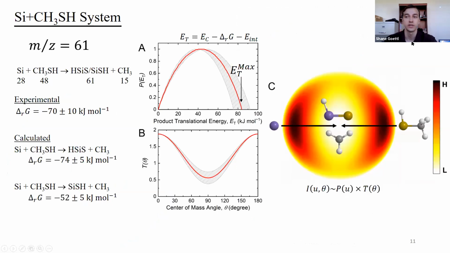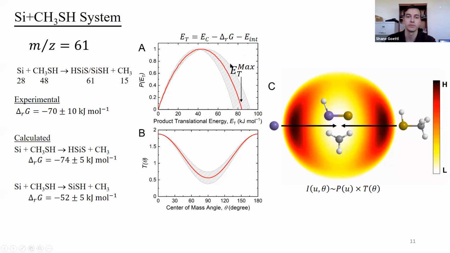So here are the center of mass functions that were used to fit the data. First, we have the translational energy distribution. The conservation of energy dictates that translational energy is equal to our collision energy minus reaction energy, minus internal energy of our products.